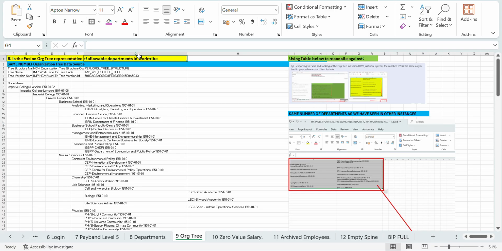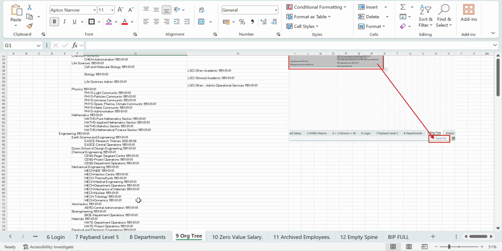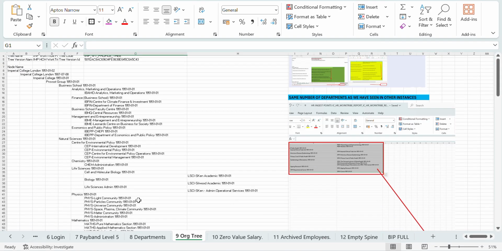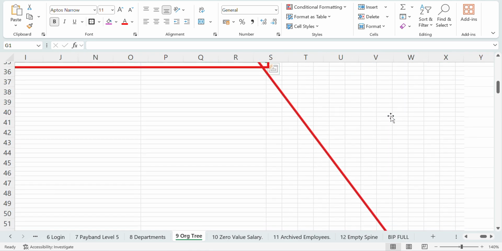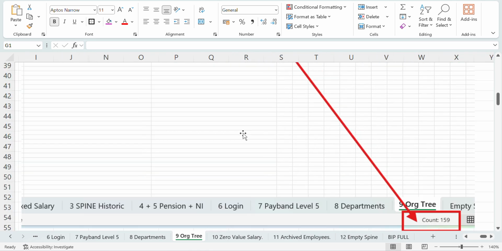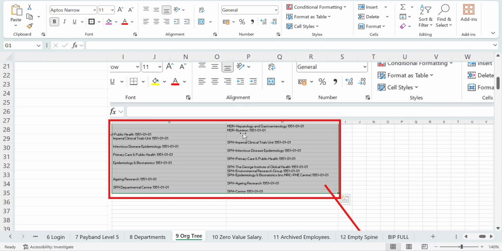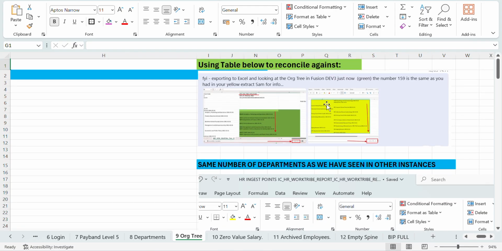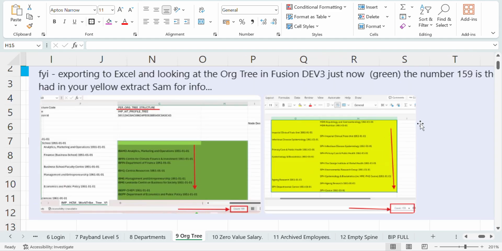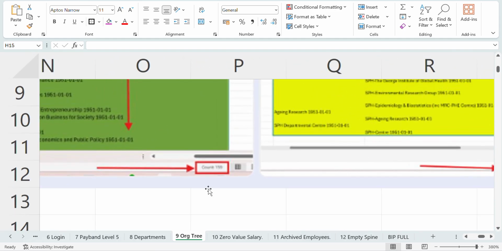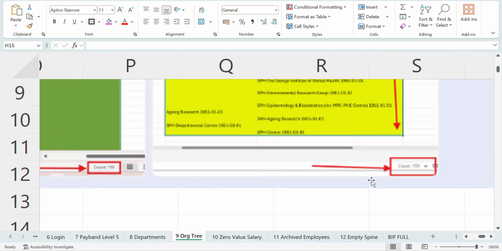And if I take column G and H for all the different departments, and I've kind of done it over here in this screenshot, I see a total of 159, and I'm using that number to reconcile previous work that we've done in this area, and you can't see it, but that says 159, that says 159 as well.